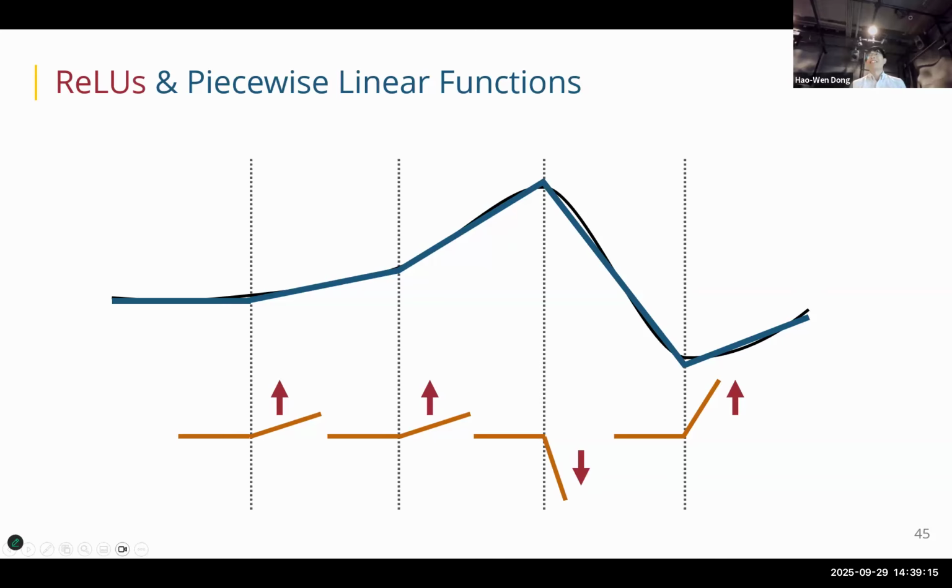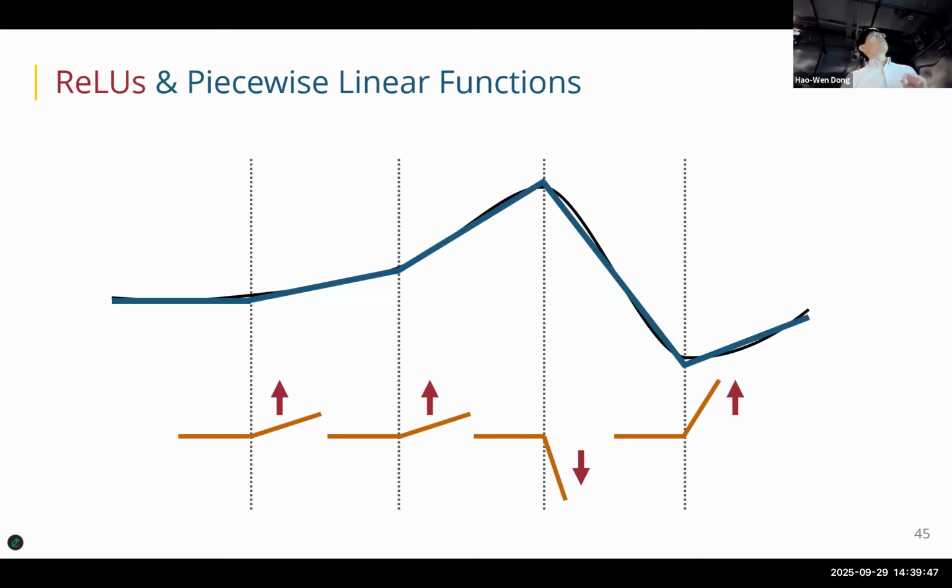Does that give you the sense of what an activation function is? So, for activation functions, there are two things. One is that without it, there's no nonlinearity, so there's no way you can approximate some other things. But at the same time, ReLUs also provide us a very intuitive way to look into what this activation function is doing, because essentially, ReLU is just approximating functions into piecewise linear functions.